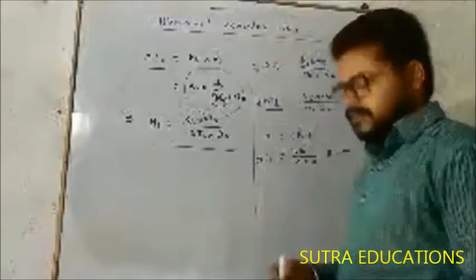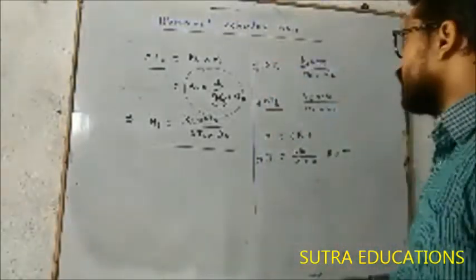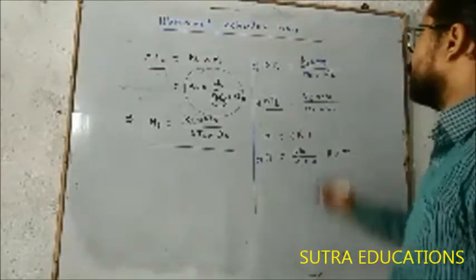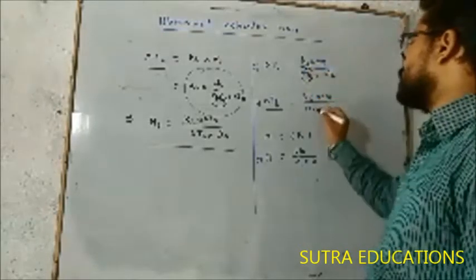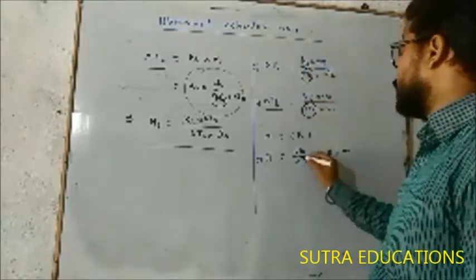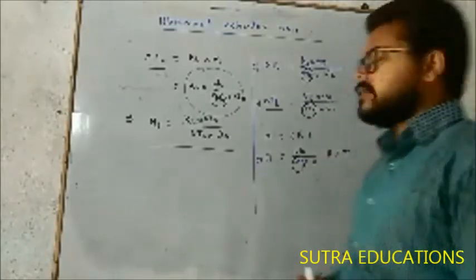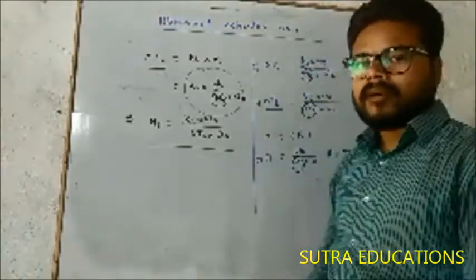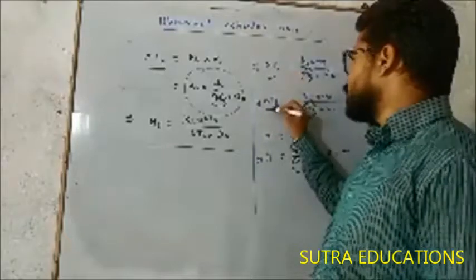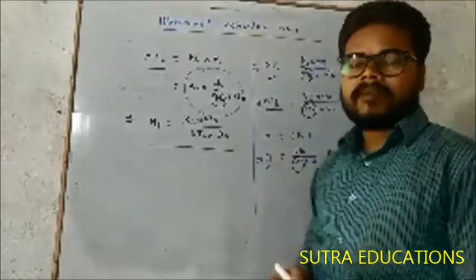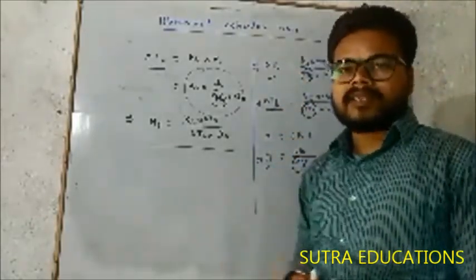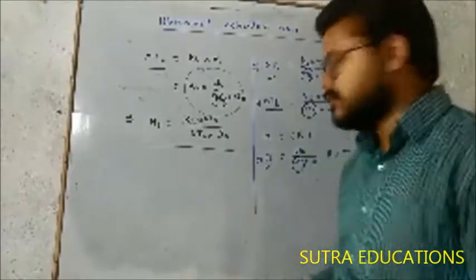So you can see here, in every formula this Mb, the molecular mass or molar mass, is present in the denominator, or we can say every colligative property is inversely proportional to the molecular mass. Getting this or not?